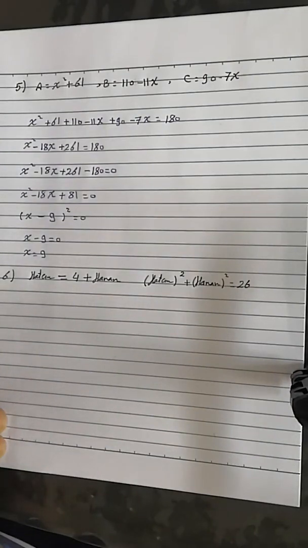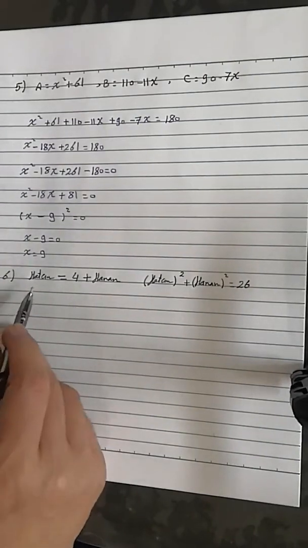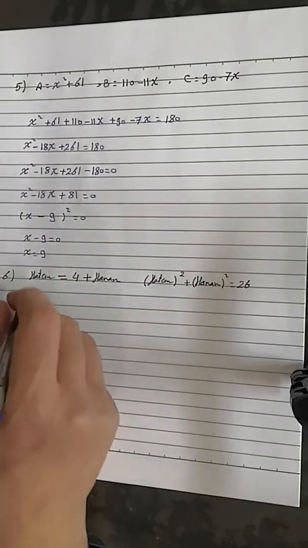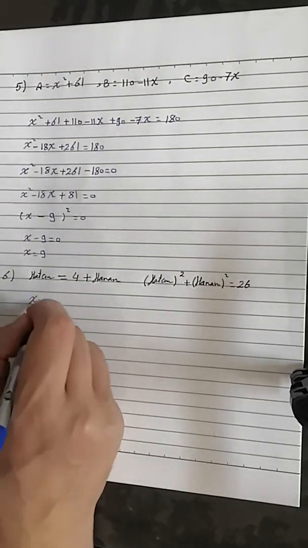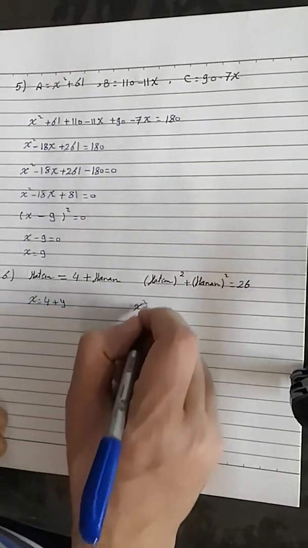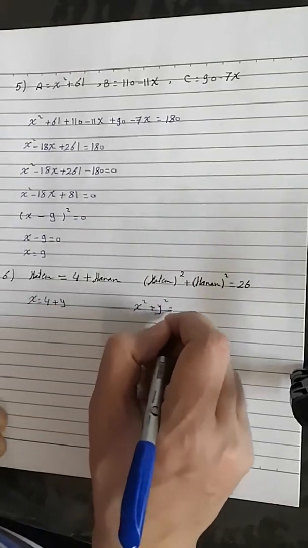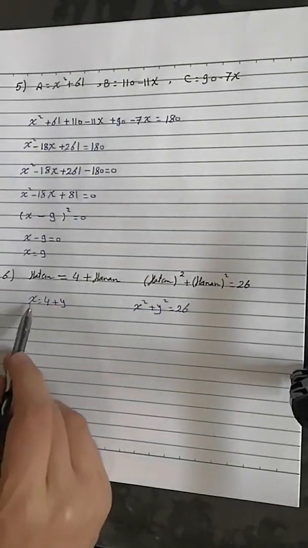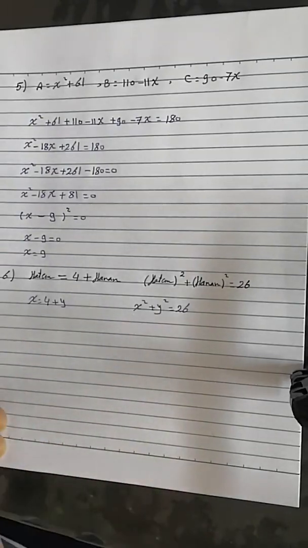If I'm going to say that Hatem is x and Hanan is y, so that x equals 4 plus y, and in here x squared plus y squared equals 26. I will just take x from here and put it in here to substitute it.